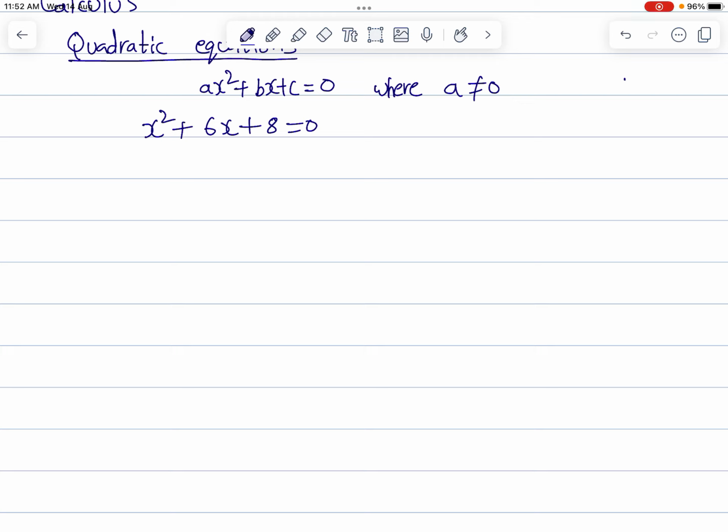To solve this quadratic equation, remember that when c is greater than 0, I mean here it is plus 8, not minus 8, what we should do is write all the factors of 8. 4 twos are 8, 1 eights are 8, and nothing else exists other than these two.